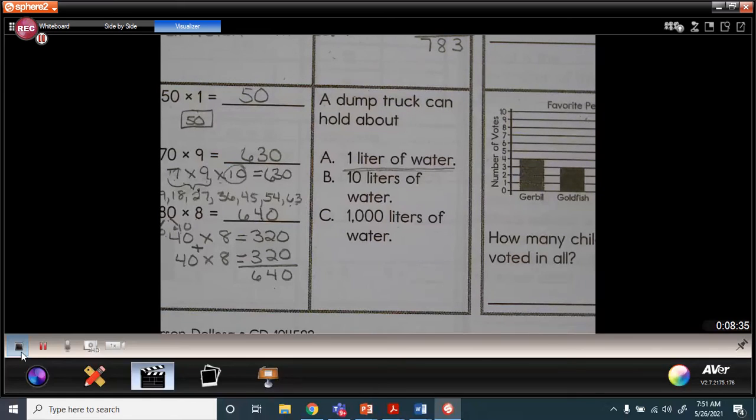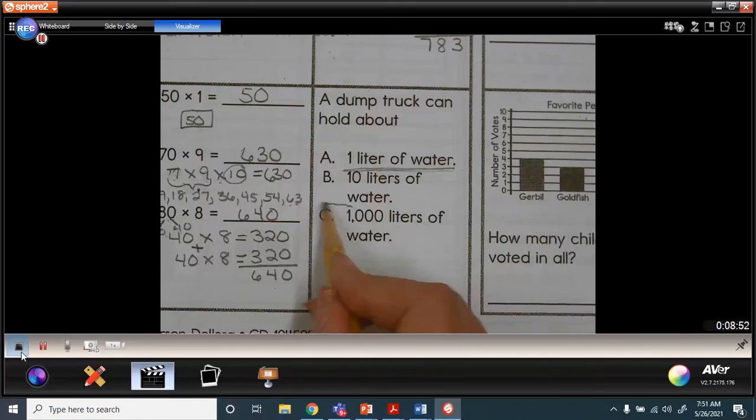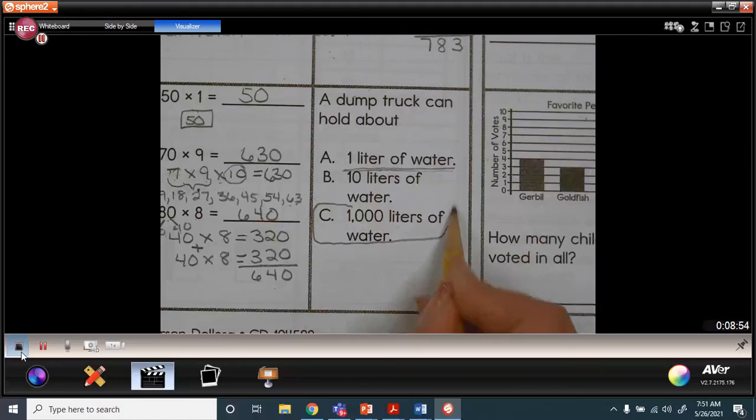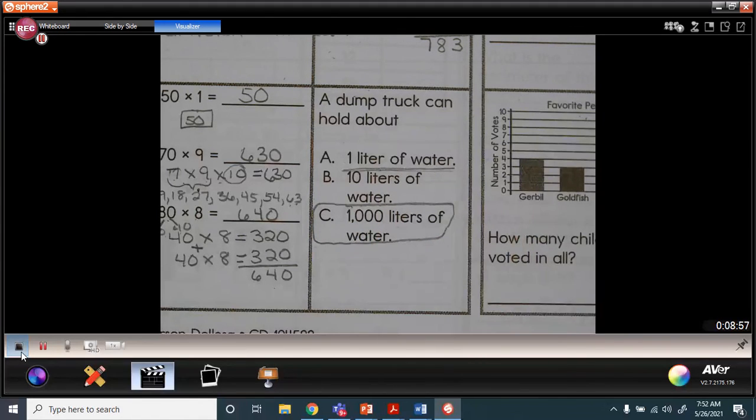That's probably not going to fill a dump truck, right? Now, think about B, 10 liters of water. Yeah, 10 liters of water is going to be more, but is it going to fill a dump truck? No. So our best estimate or our best guess is going to be 1,000 liters of water for that container.